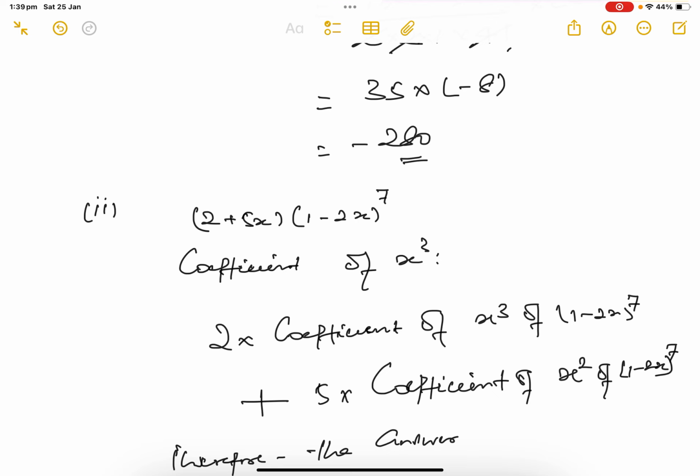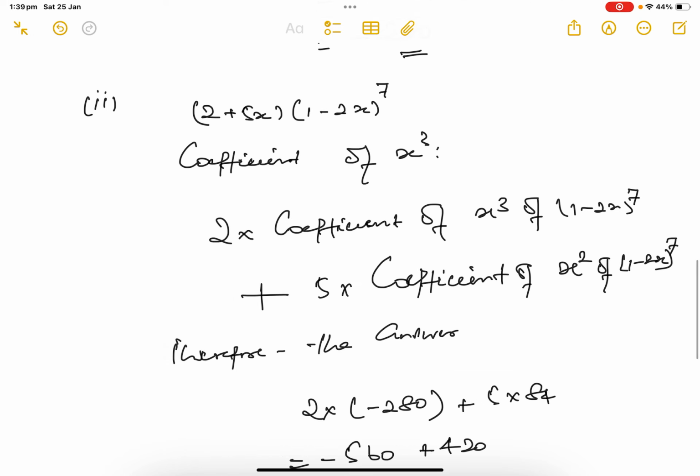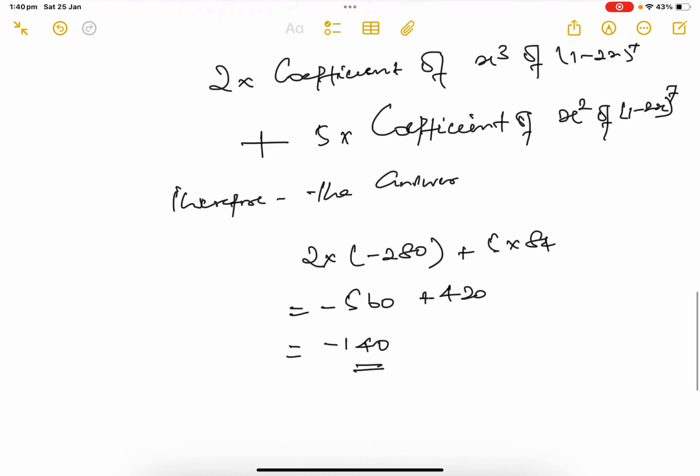So for (2 plus 5x) times (1 minus 2x) to the power 7, the coefficient of x cubed is 2 times the coefficient of x cubed of (1 minus 2x) to the power 7, which we found already, plus 5 times the coefficient of x squared of (1 minus 2x) to the power 7, because of the 5x.